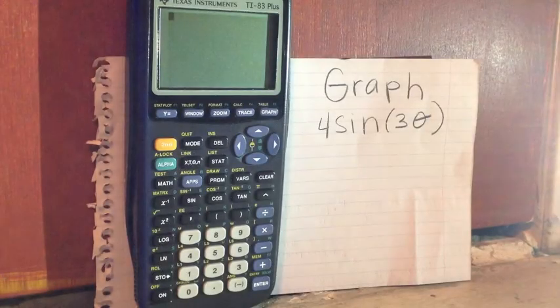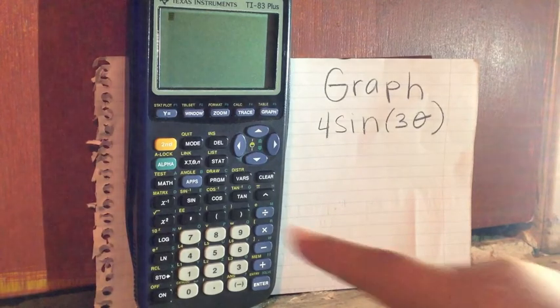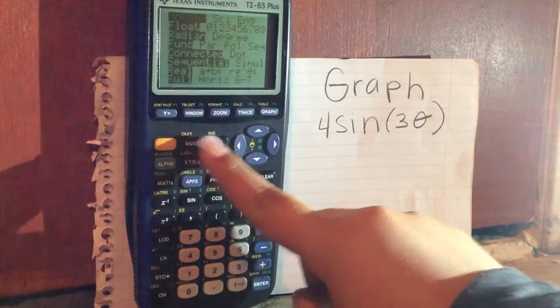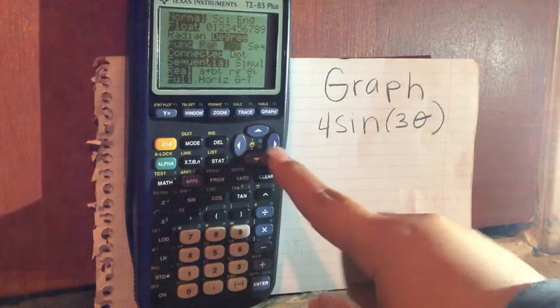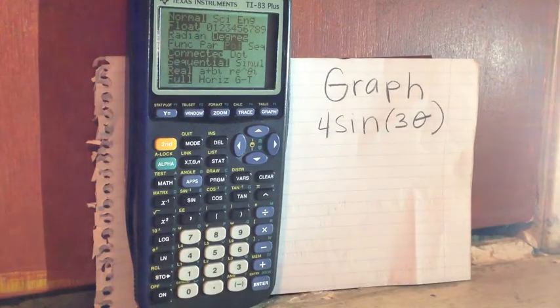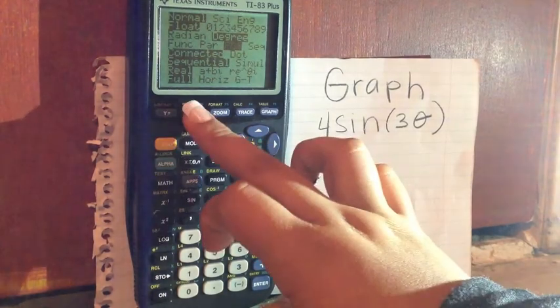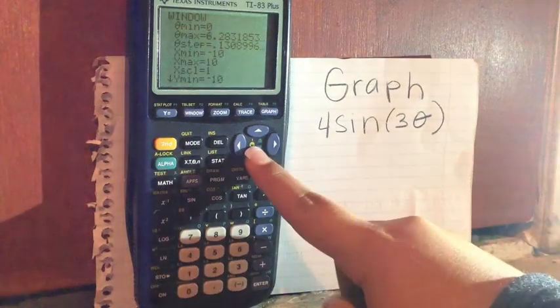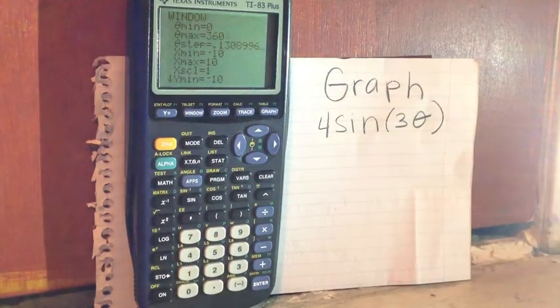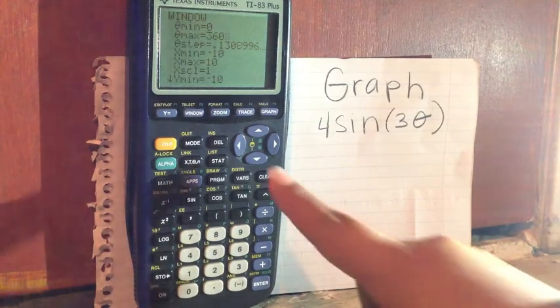We are going to graph 4 sin 3 theta. And so what we're going to do first is we're going to click mode. Make sure degree is highlighted and polar as well. After that, we're going to click window and set it in. Our theta min is going to be 0. Our theta max is going to be 360. Our theta step is going to be 5.